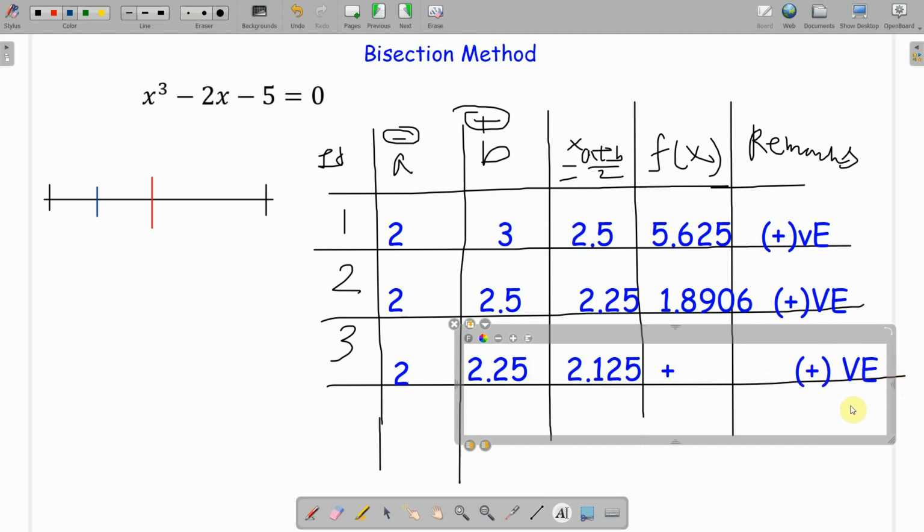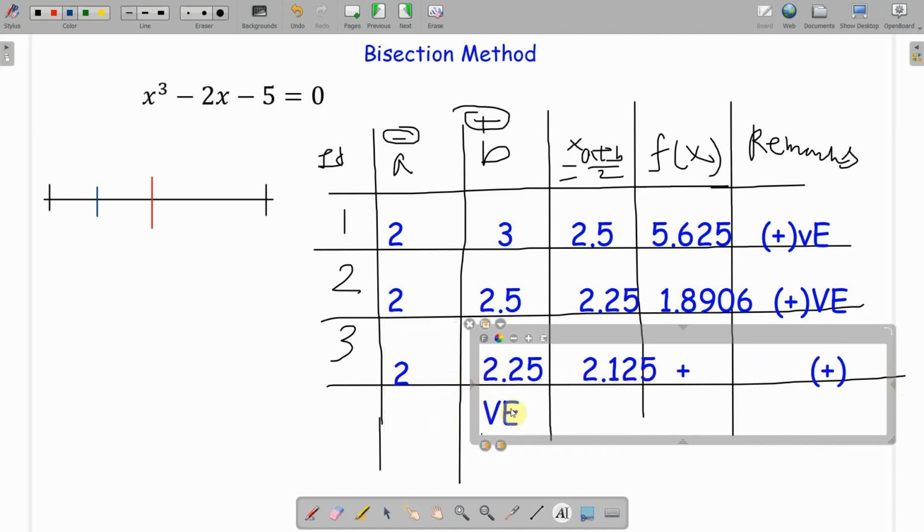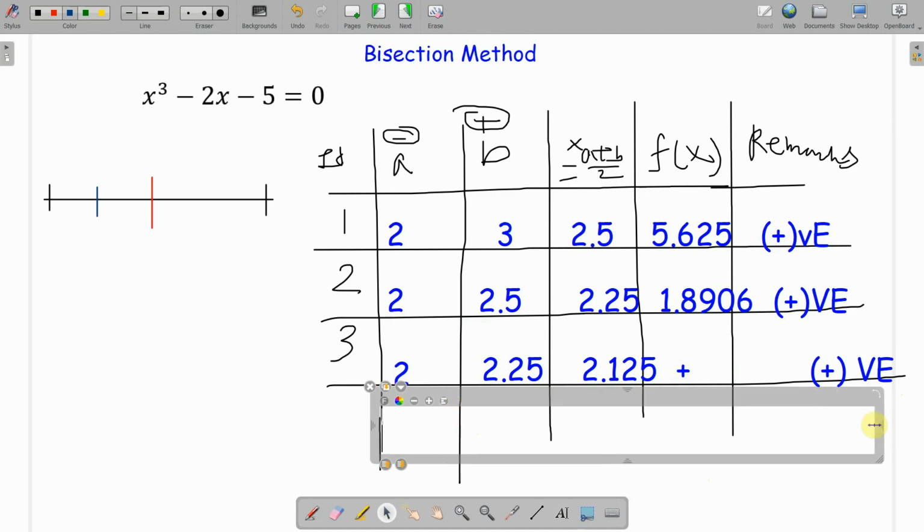Okay, now for the fourth iteration, it's coming negative.